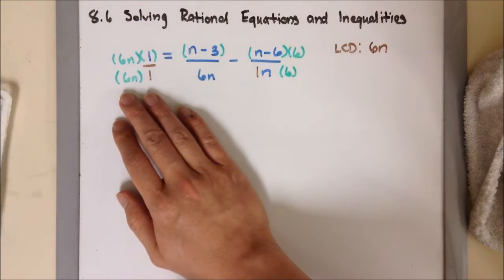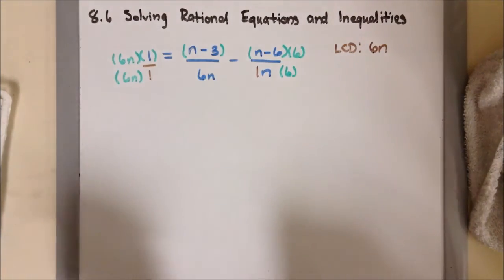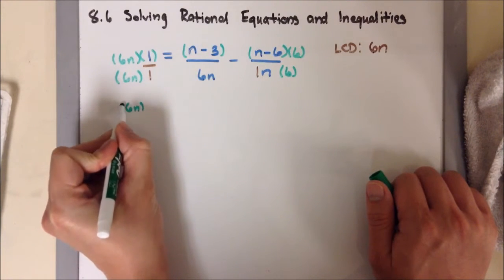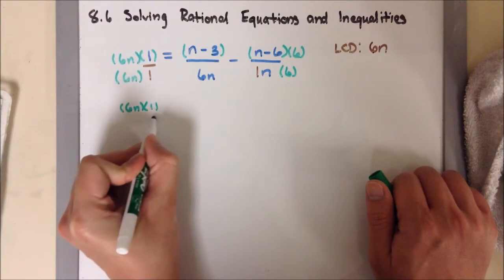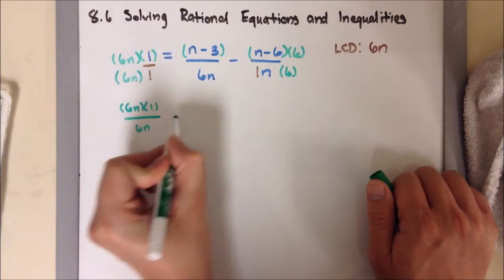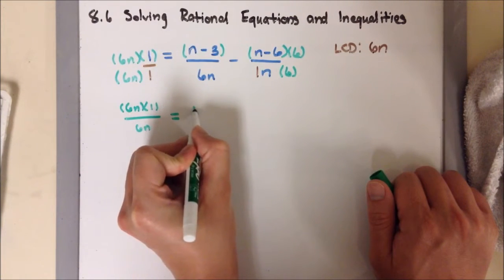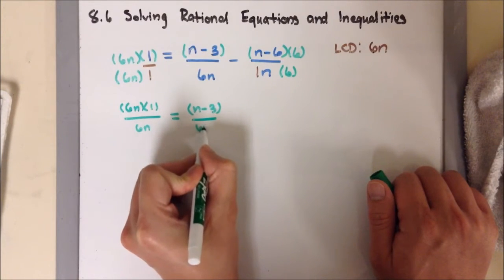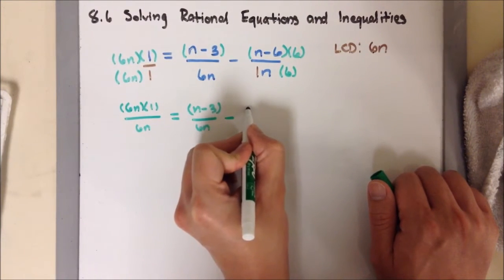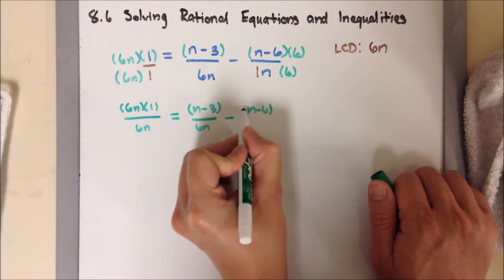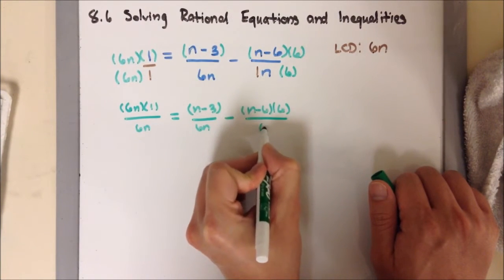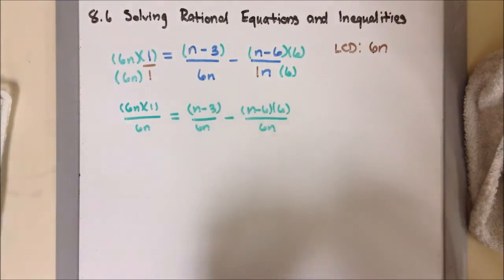So this one's going to have the same denominator. Let me write it out. It's going to be 6n times 1 over 6n equals (n minus 3) over 6n minus (n minus 6) times 6 over 6n.